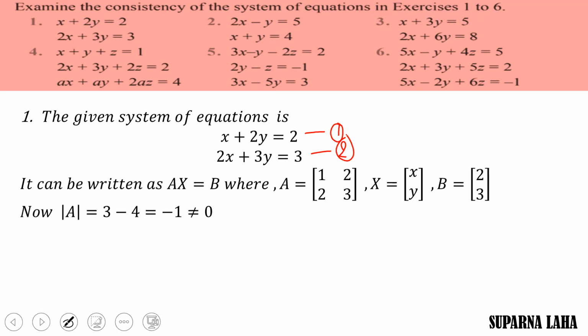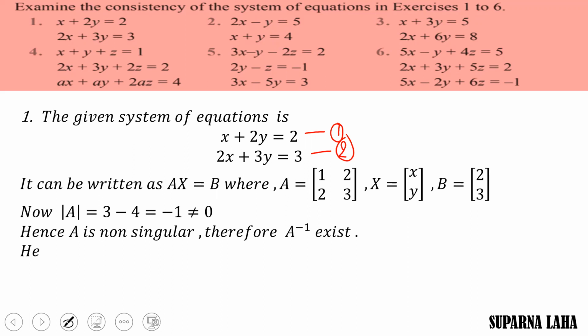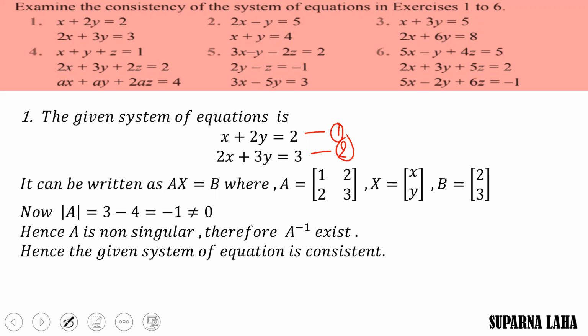So A inverse exists, that means A is non-singular, and the system has a unique solution, that is, it is consistent. Like that we need to solve questions 1, 2, 3, 4, 5 and 6.